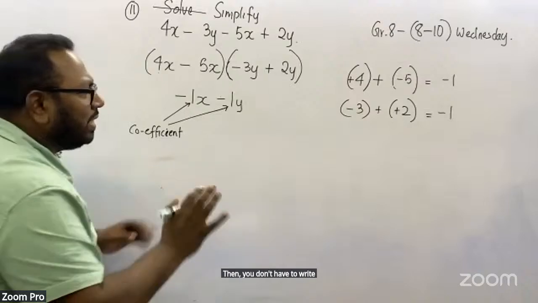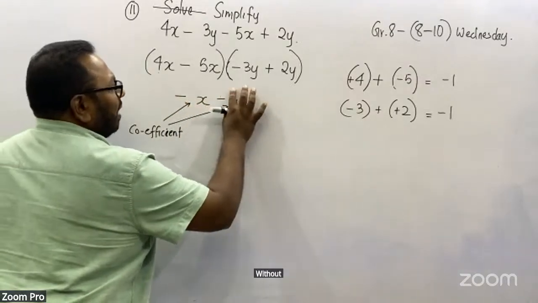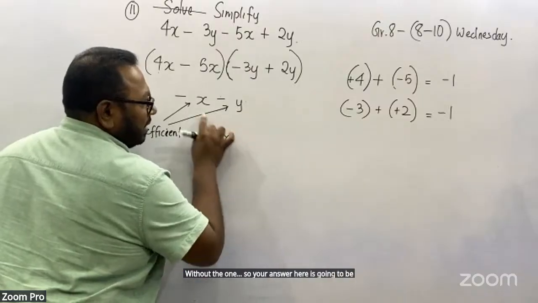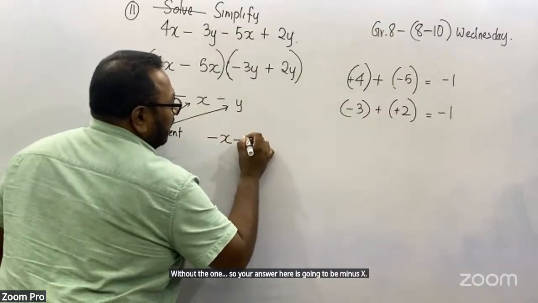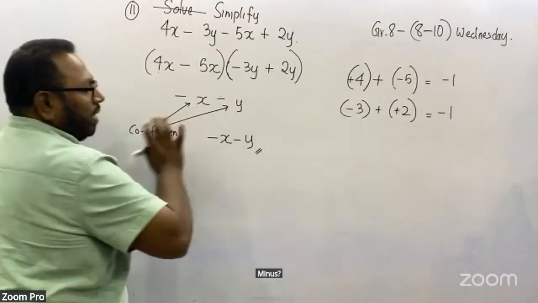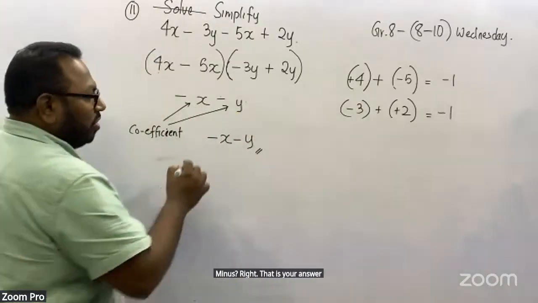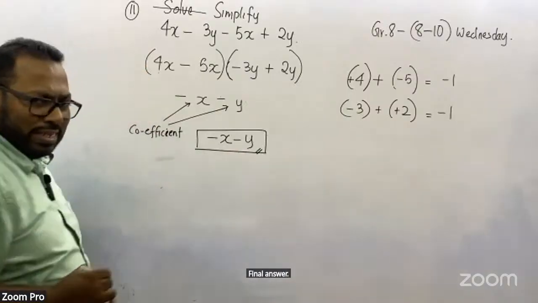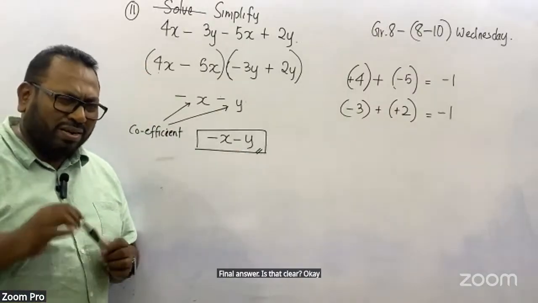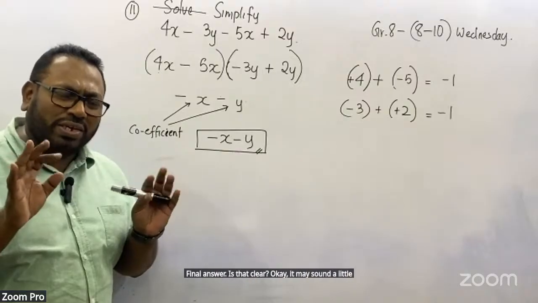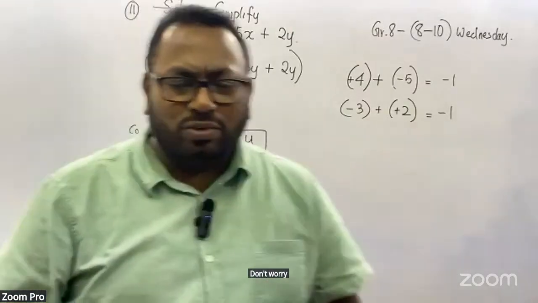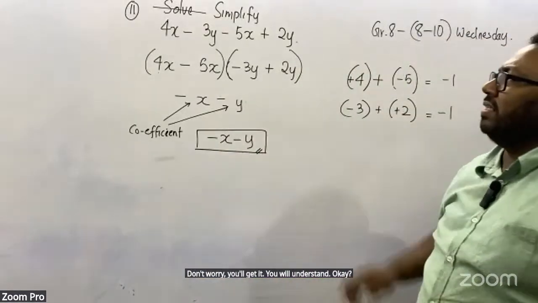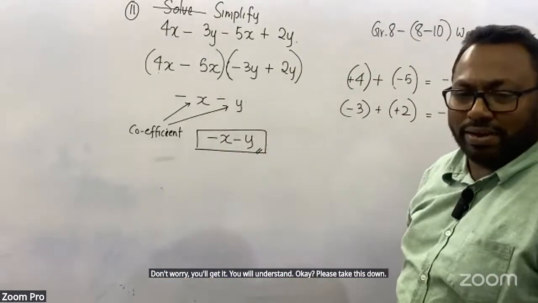You can just leave it out. So your answer here is going to be minus x minus y. This is your final answer. Is that clear? Okay. It may sound a little confusing. Don't worry, you will get it. Please take this down. That is question number 11.